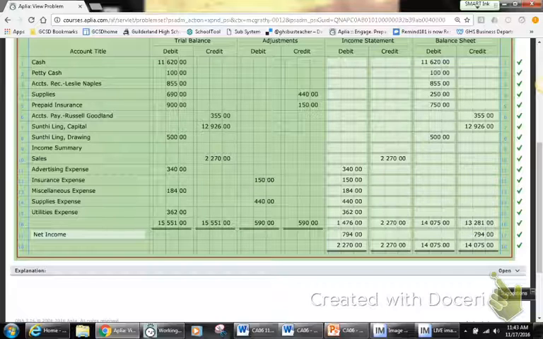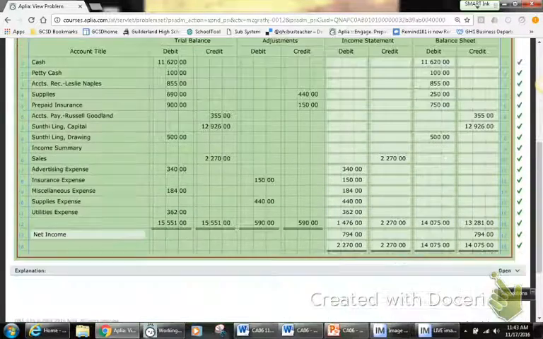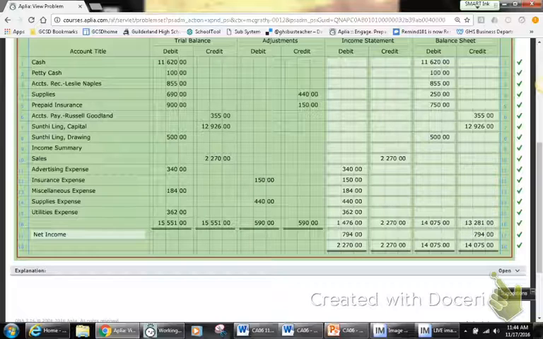And then we bring all the balances of our income statement accounts over into the income statement column. Again, there's not going to be anything in these two columns over here where the balance sheet are for any of the income statement accounts. And then what's the profit for our company? $794.